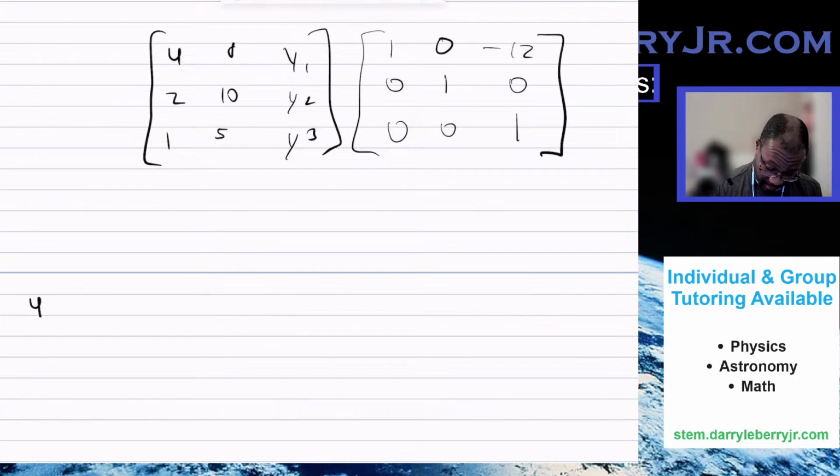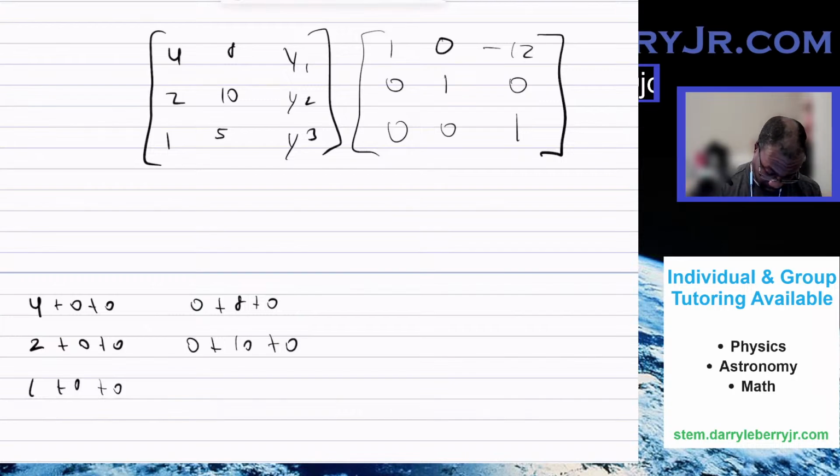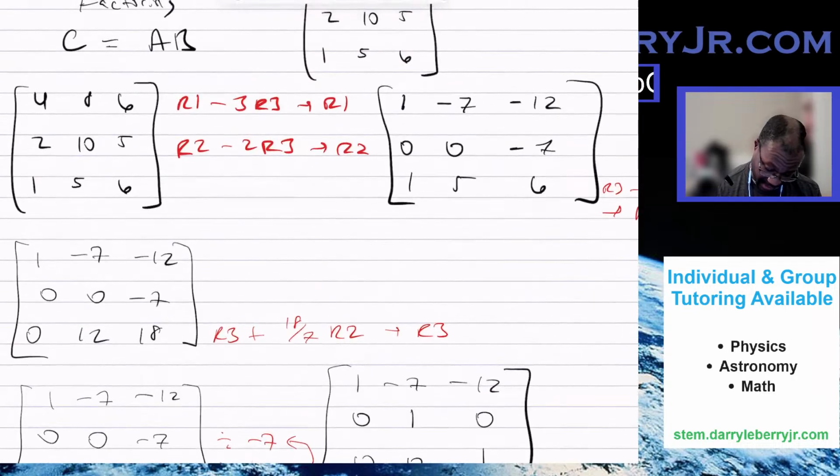So I have 4 plus 0 plus 0, 2 plus 0 plus 0, 1 plus 0 plus 0, 0 plus 8 plus 0, 0 plus 10 plus 0, 0 plus 5 plus 0. That should give me my first column.